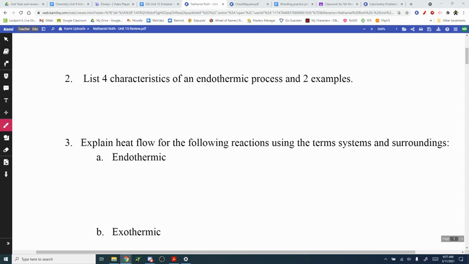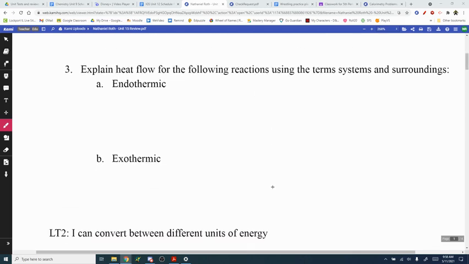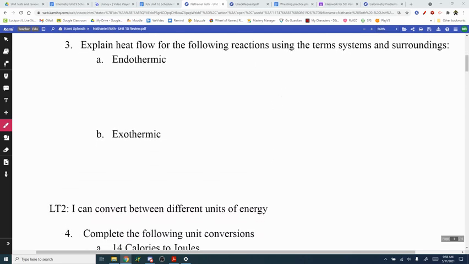Okay. A couple examples are ice melting and water boiling. All right. So, we kind of already talked about this up here, but in an endothermic reaction, heat flows from the surroundings to the system, and in an exothermic reaction, heat flows from the system to the surroundings.